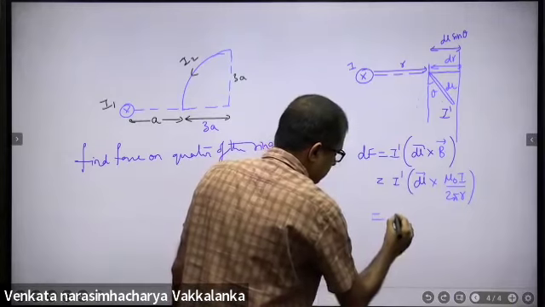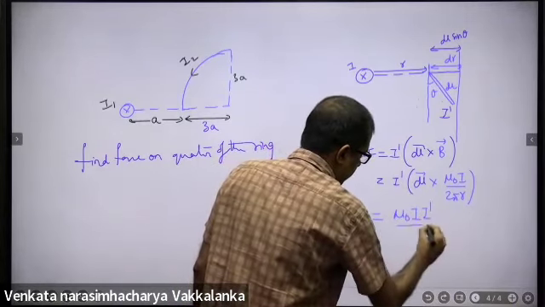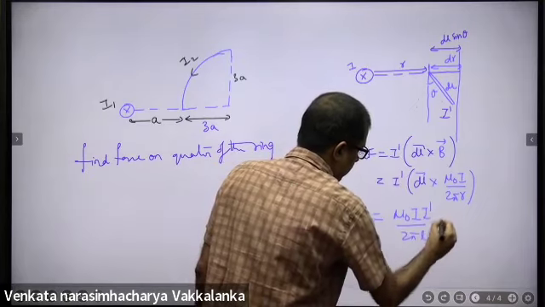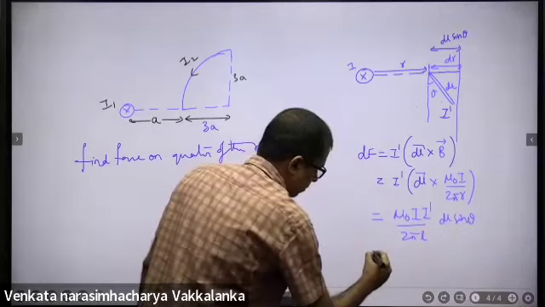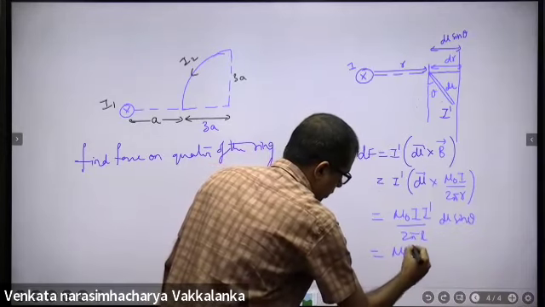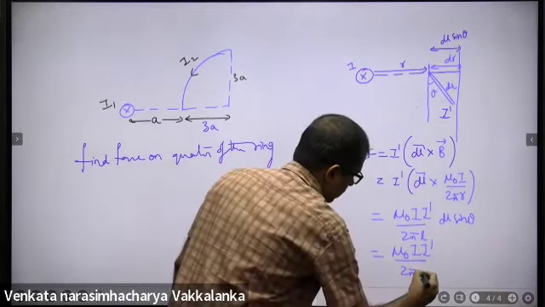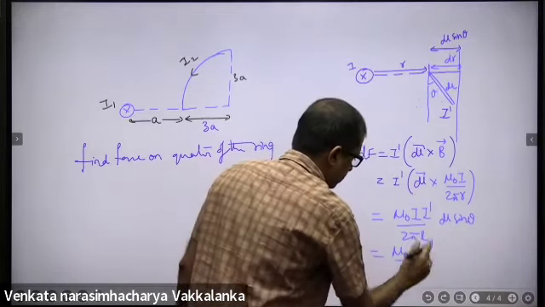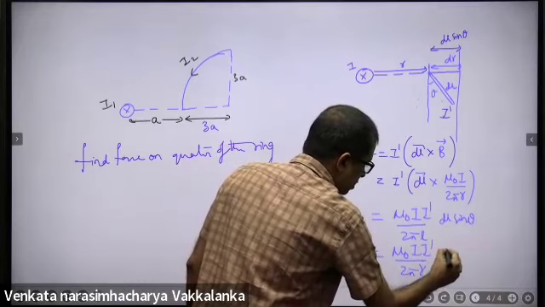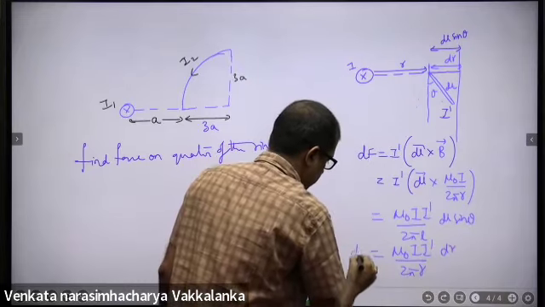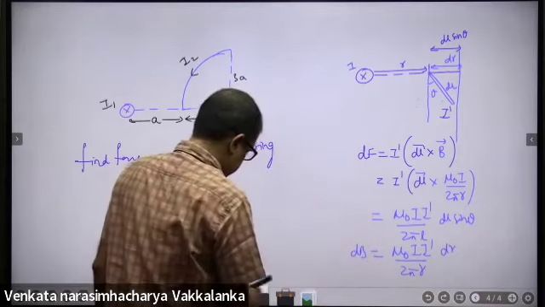This will be mu naught I dash by 2 pi r dl sine theta. dl sine theta will be dr.